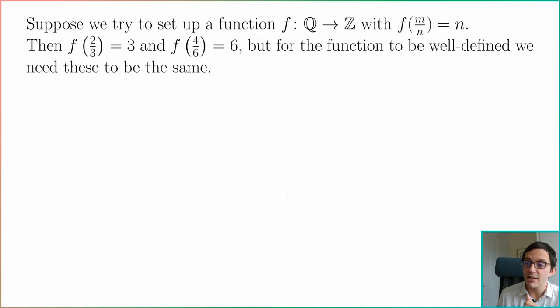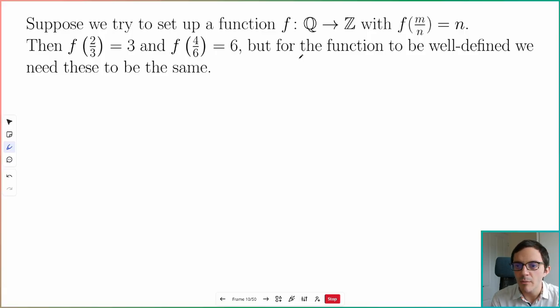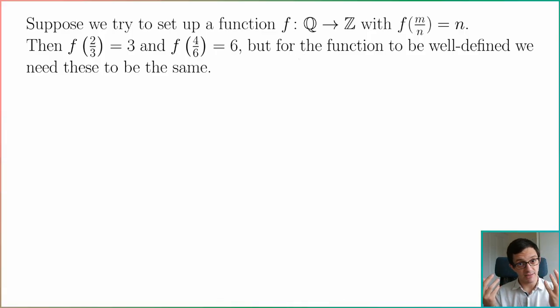So this plan, that give me a rational number m over n, and I'll return n, then this is not good because, well, 2/3 and 4/6 are supposed to be the same number in the rationals, so they should return the same output in the codomain.